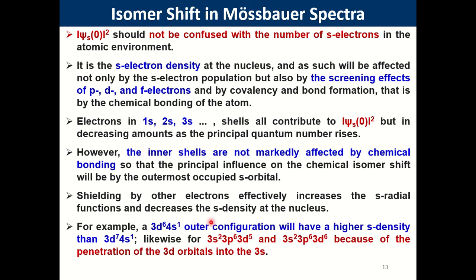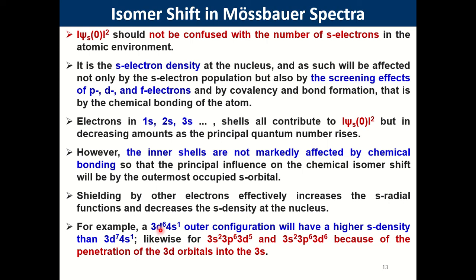So if you can see here, 3d6 4s1 and 3d7 4s1, there are two configurations we can compare. 7 d electrons over here, 6 d electrons over here. In the outer shell, in the fourth shell, there is one electron, so that's okay.